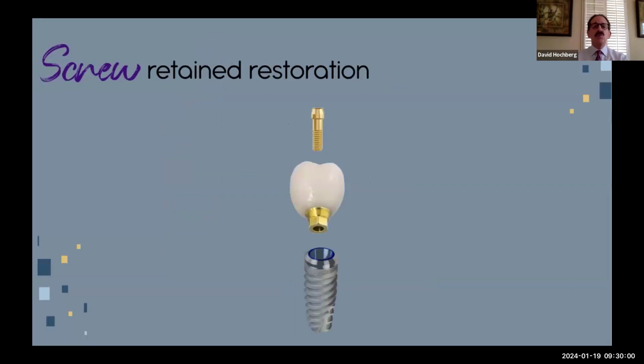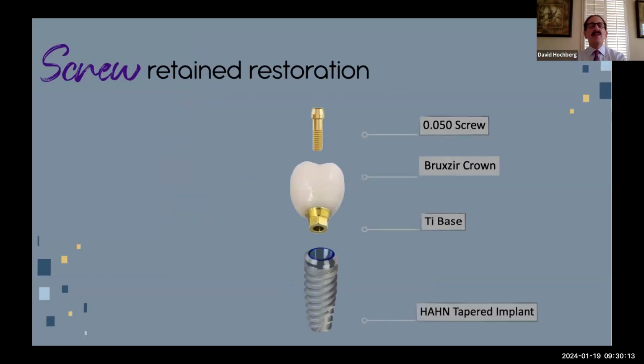Okay, a screw retained restoration. This is what it looks like from top down. You have an 050 screw mated to your driver that's torqued to place at 35 Newton centimeters for the Hans system. But I make this announcement loud and clear.